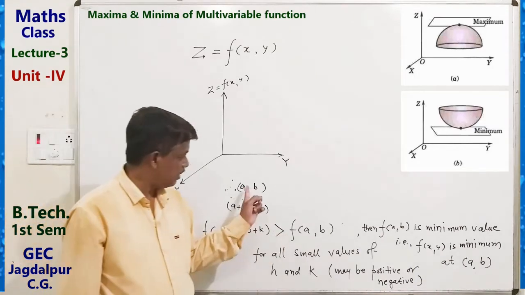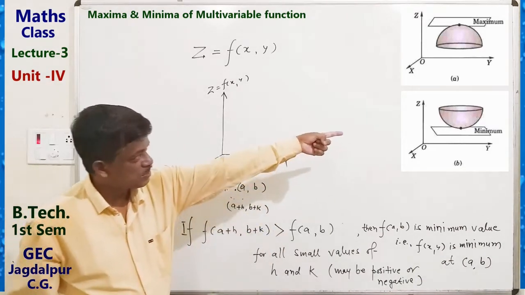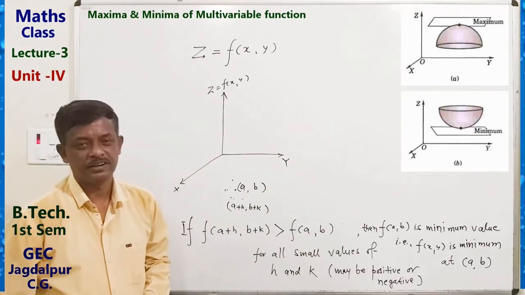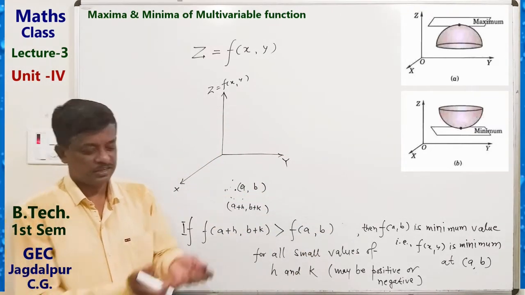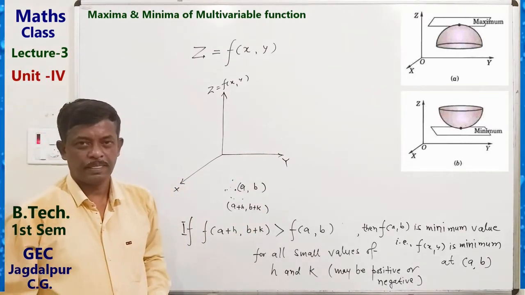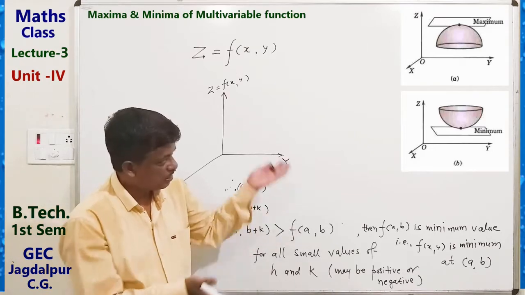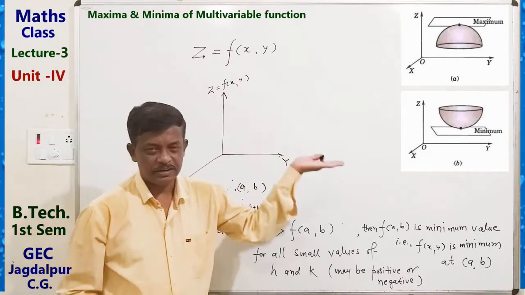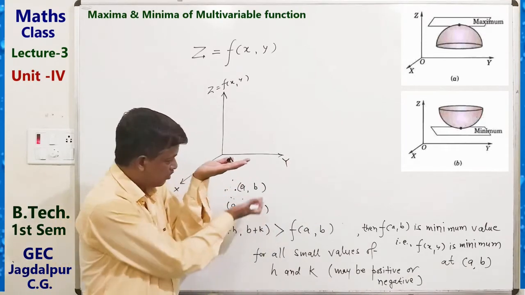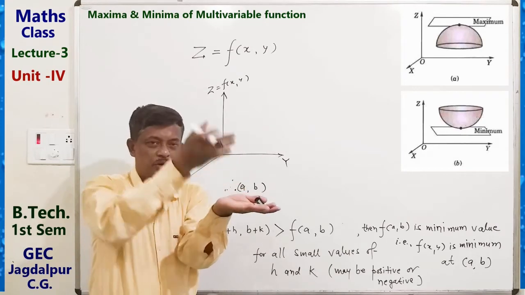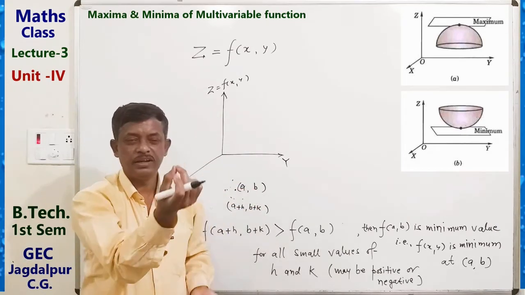Because here f(a,b), from the second diagram, just the second part, you can see there is a surface like a ball, and at the bottom there is a tangent plane. The tangent plane is parallel to the xy plane, and the touching point of the ball with the tangent plane will be the minimum point.